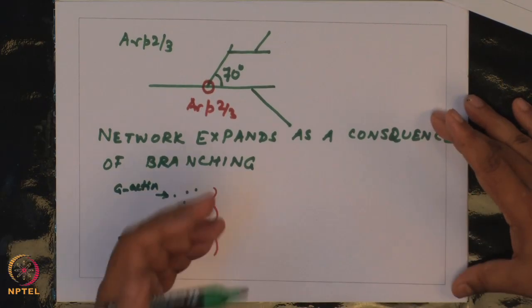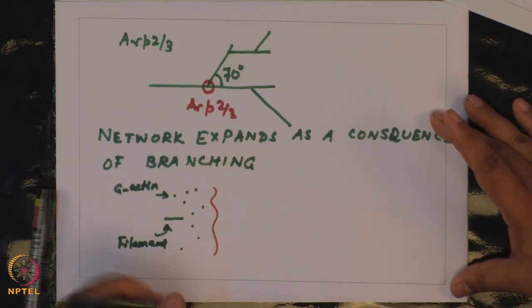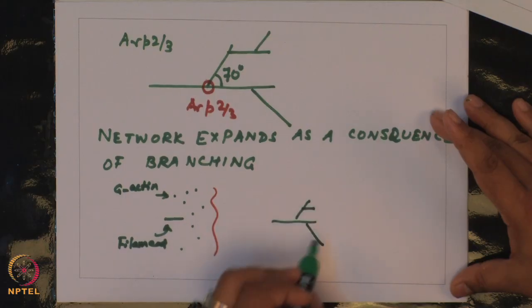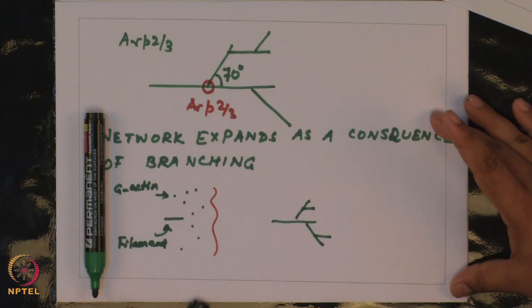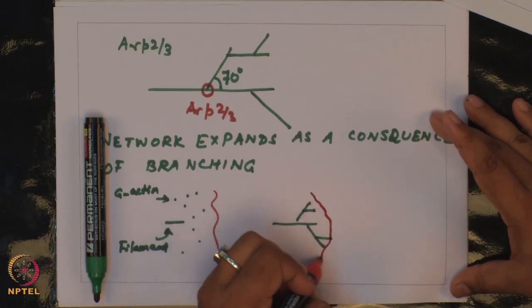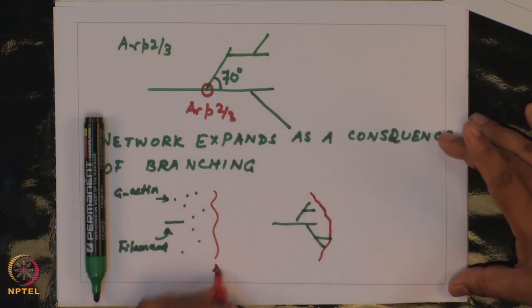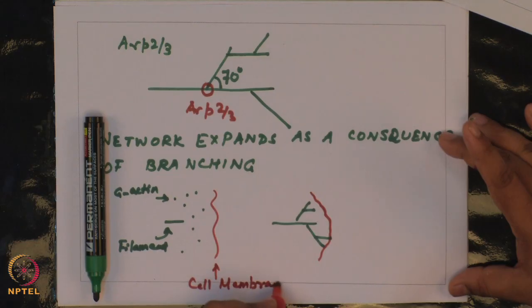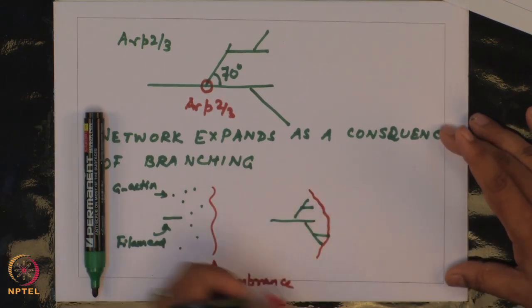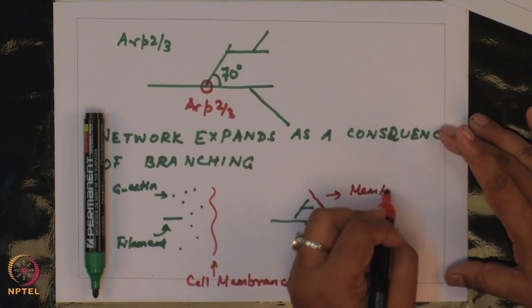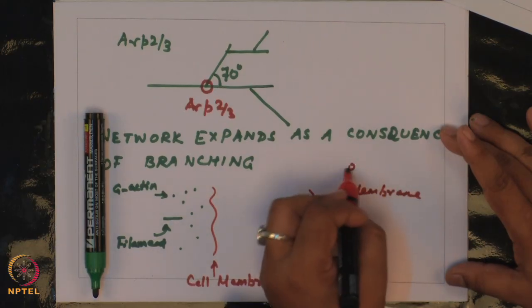If you have ARP2/3, what you will see is after some time these filaments will begin to form, and they will start exerting force on this membrane. This can be my cell membrane, and this growth of the filament network will lead to membrane deformation, or rather it will push the membrane.